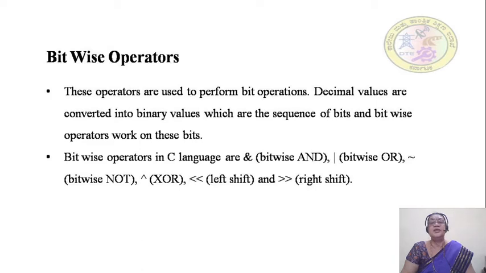Bitwise operators in C language are: & bitwise AND, | bitwise OR, ~ bitwise NOT, ^ XOR, << left shift, and >> right shift.